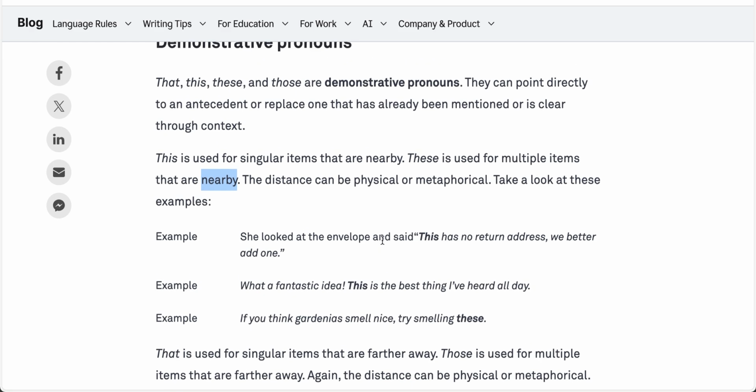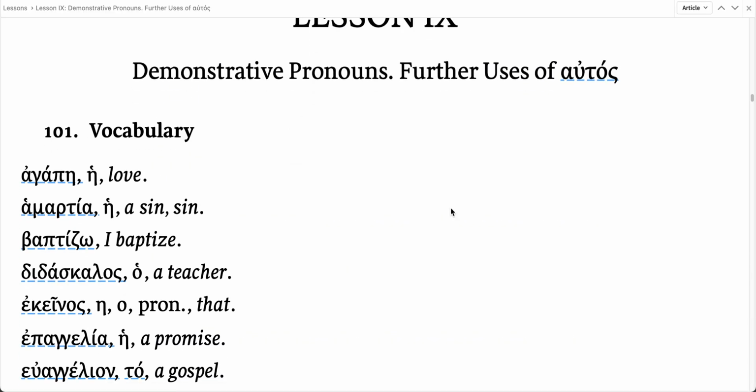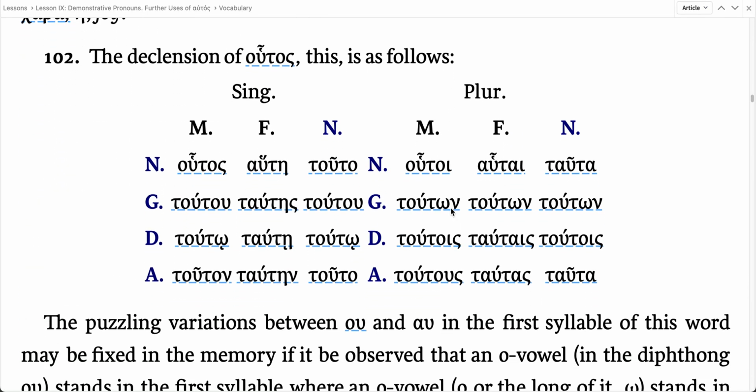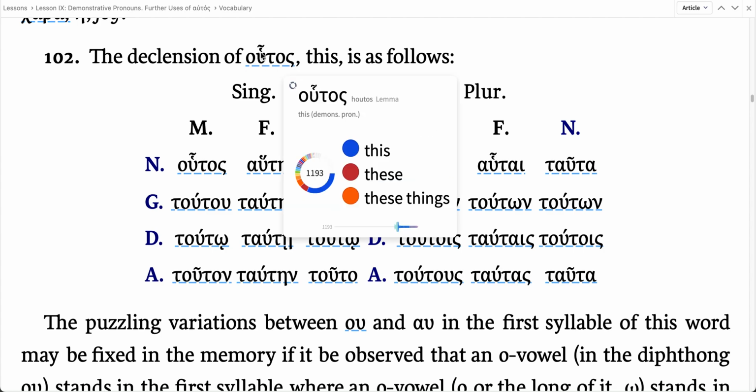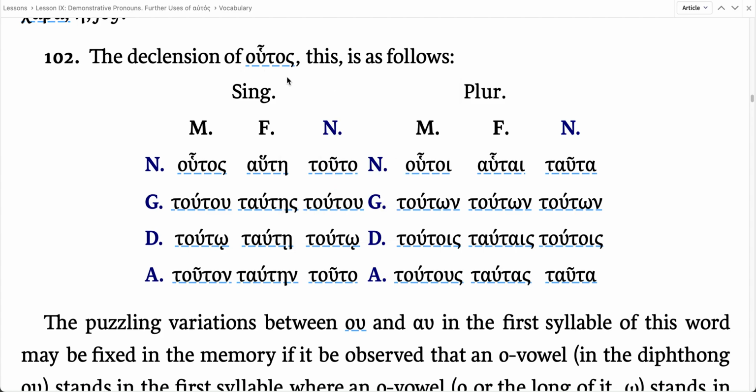So you're going to see the same thing in Greek. It's the same thing in Greek, except it's in the Greek language. So what does it look like? Well, let's go to it. So this is the demonstrative, houtos. You see the rough breathing there? That means that it's an H sound. They're declined with masculine, feminine, neuter, and they have case endings on them.